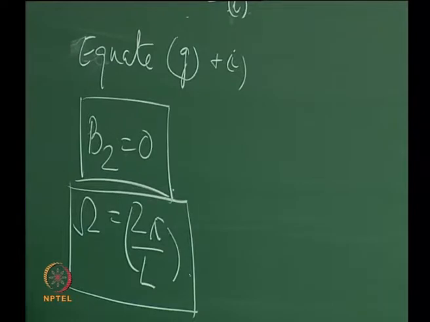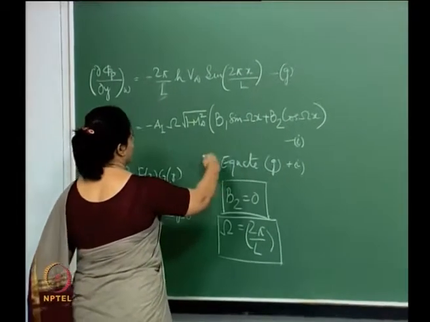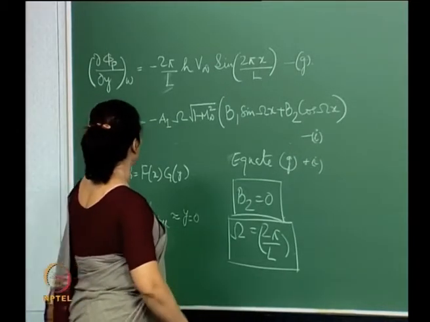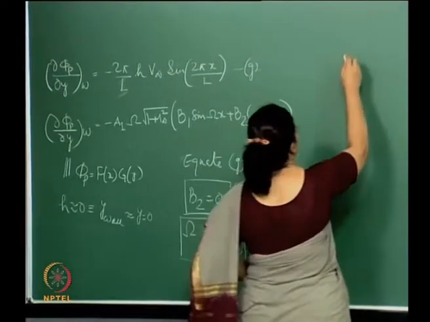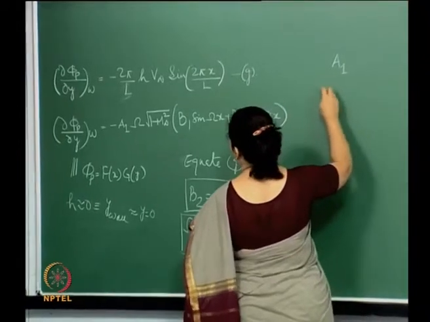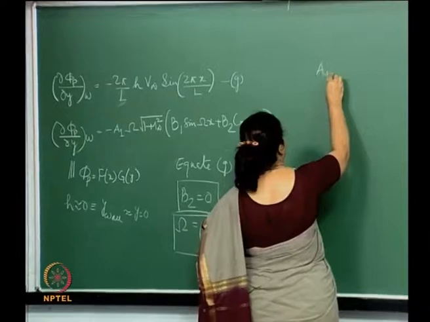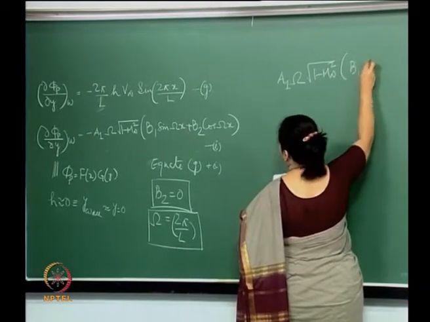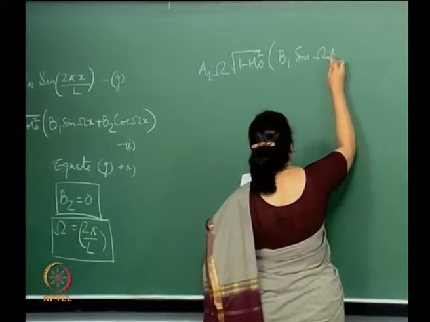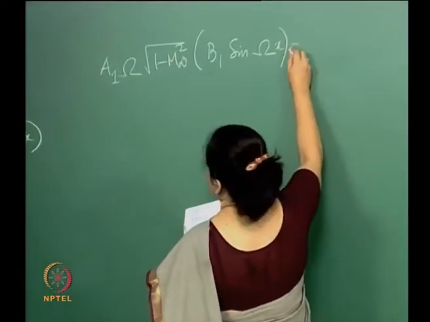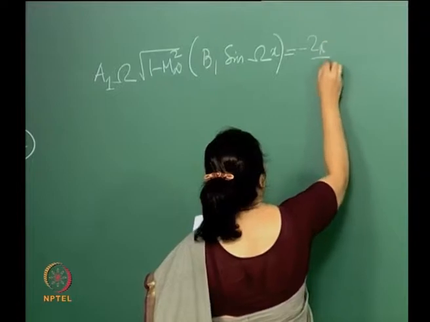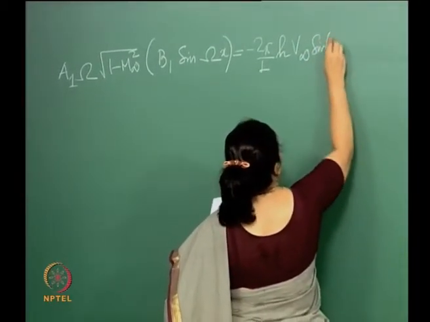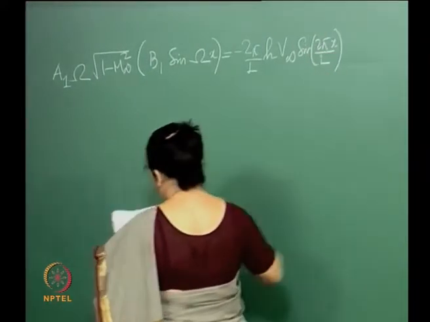So if we write this now with b2 equal to 0 and omega equal to 2 pi by L, then what we get is this, right, is equal to this.